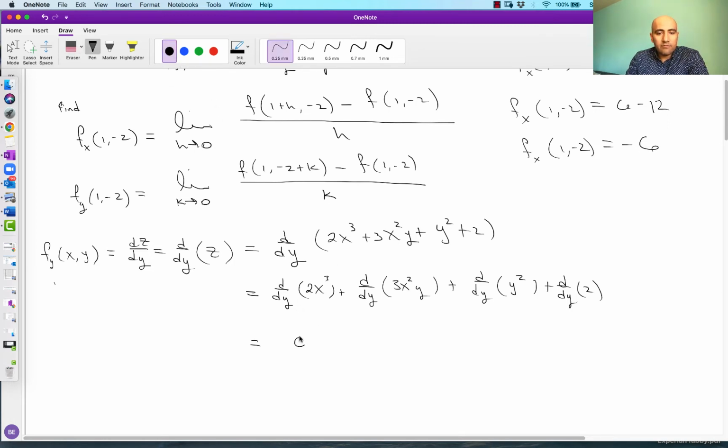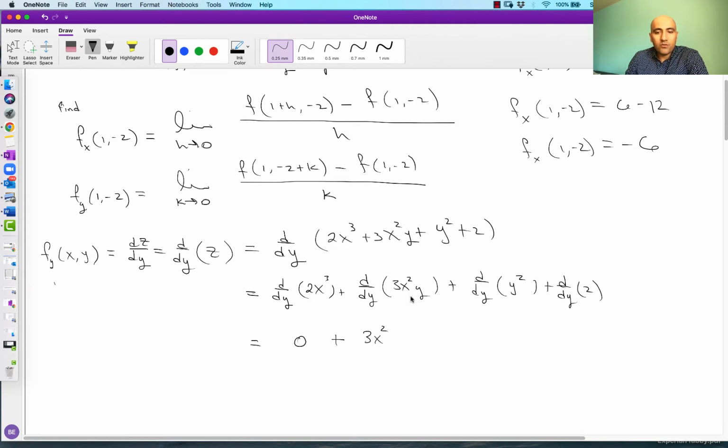So this becomes 0 plus. The x squared is again just some constant. The only independent variable here is the y. So this becomes plus 3x squared. If this was just like 3y, its derivative would be just 3.